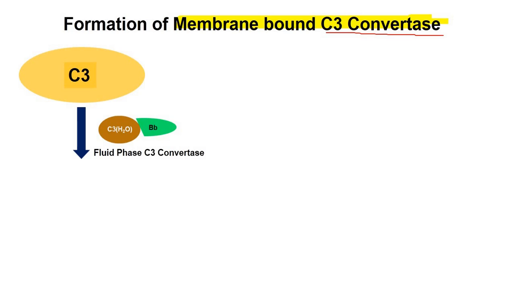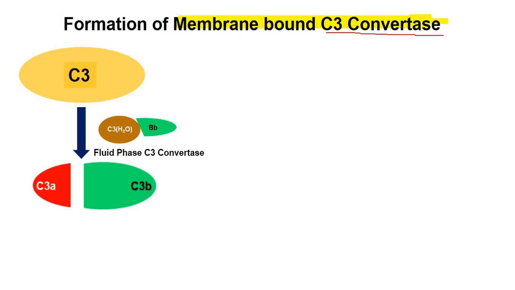It will break into two unequal parts. Which is smaller, which is larger? C3a is smaller, C3b is larger. Fair enough. So, it breaks C3 into two unequal fragments, C3a the smaller fragment and C3b the larger fragment.